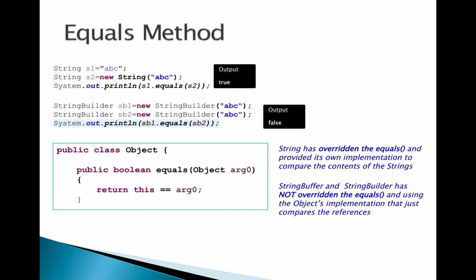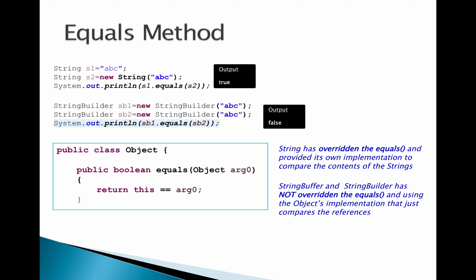In this case, sb1 == sb2 is false because the two are pointing to two different objects. What the equals method does is the same as the double equals operation, as you see here. But string alone works because String has overridden that equals method in its class and provides its own implementation there. That is the reason String was able to compare the contents.